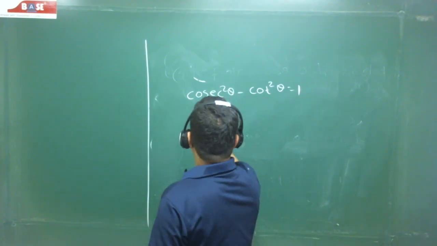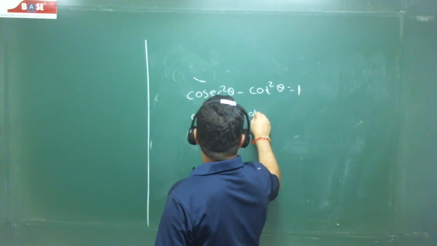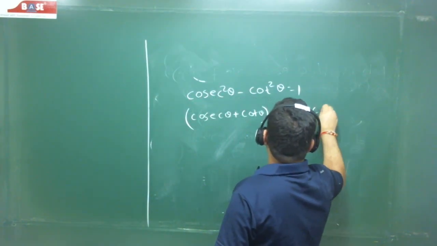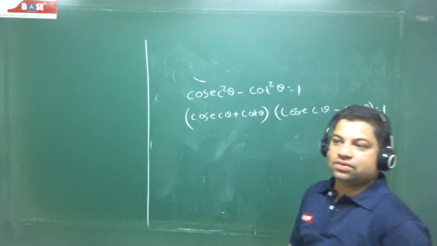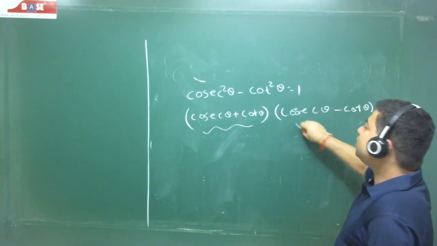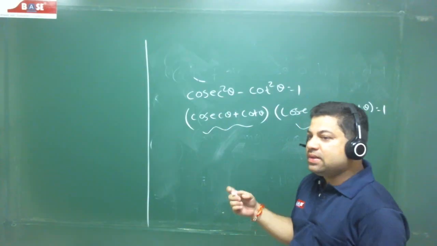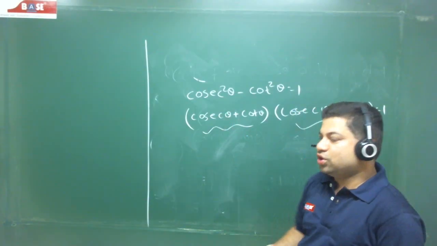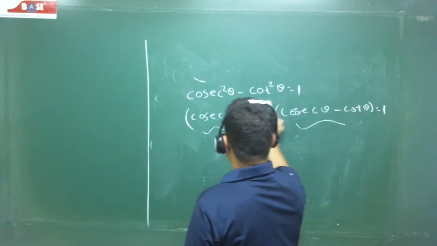How? You can see cosecant theta plus cot theta, and cosecant theta minus cot theta is equal to 1. Again this will be the reciprocal of each other. Again what kind of question we can expect? Again same thing, this will be reciprocal of this, this will be reciprocal of this. I hope this part is clear for everyone.